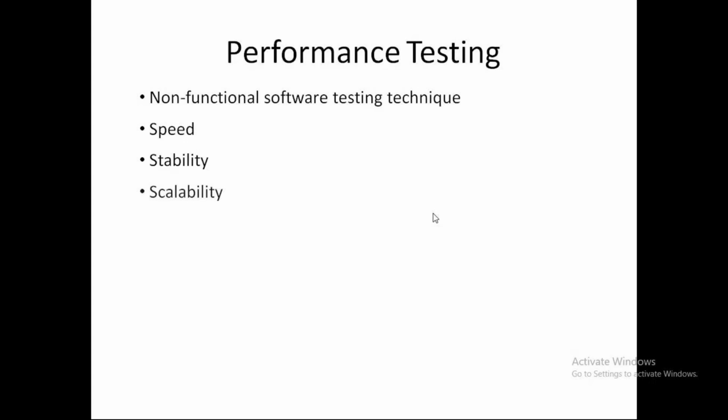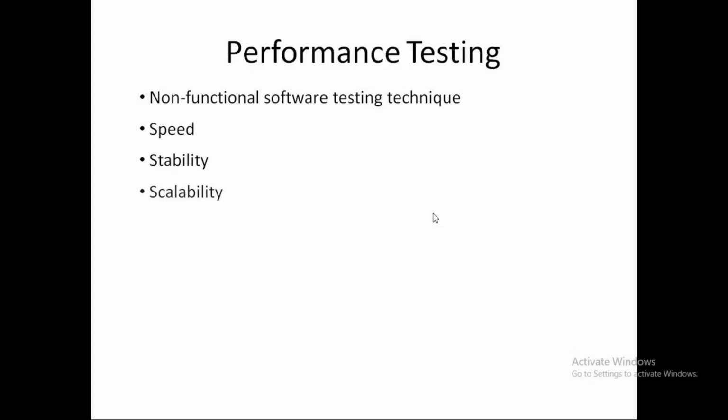So if I am checking the performance of the application under one particular load, I also have to verify whether that application can cater to additional volume, right? Additional load. That load could be your peak load.